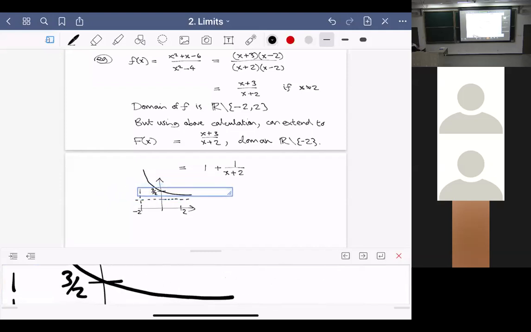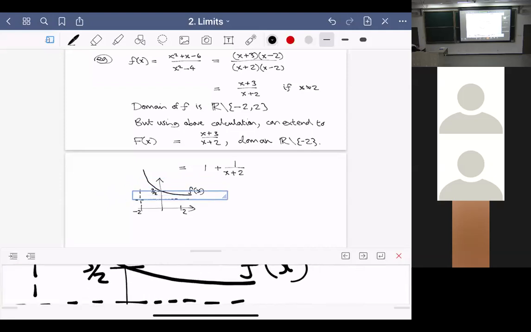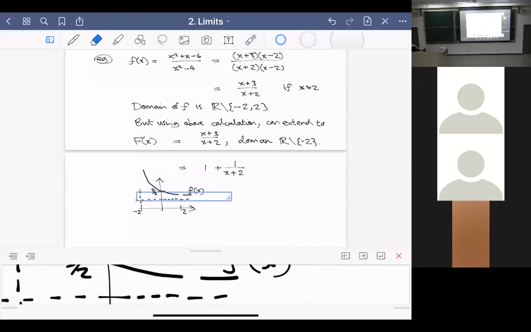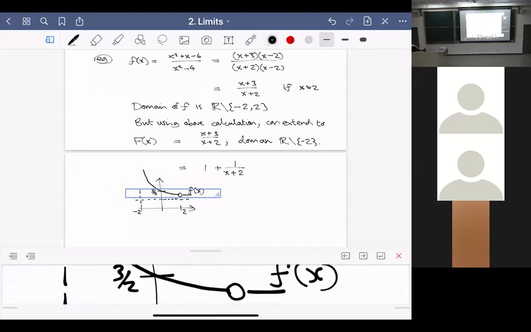But if I make this the graph of the original f(x), then also 2 is not in the domain because of the way we defined f(x). So this point is also missing. So when x equals 2, f(x) is close to 5 over 4.